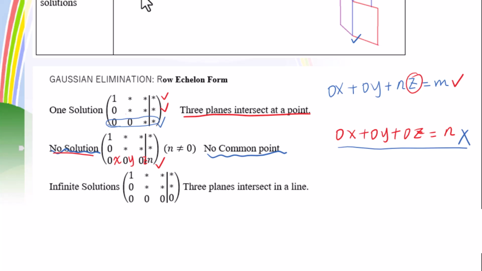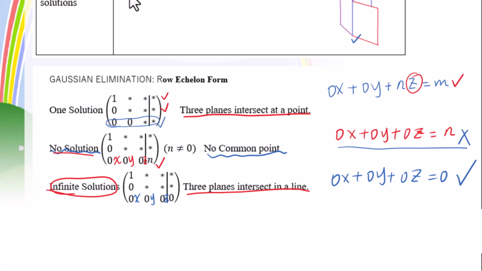If you get this form, 0x plus 0y plus 0z equals 0. Since this equation is always true, it means infinite solutions to this system of equations. So the three planes intersect in a line.